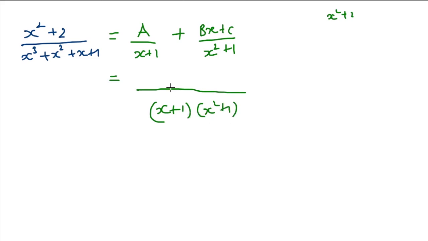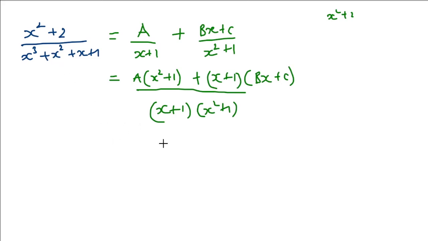So when we divide this by this, we get a times x squared plus 1. Then plus, when we divide this by this, we get x plus 1 times this. So we end up with x plus 1 into bx plus c.